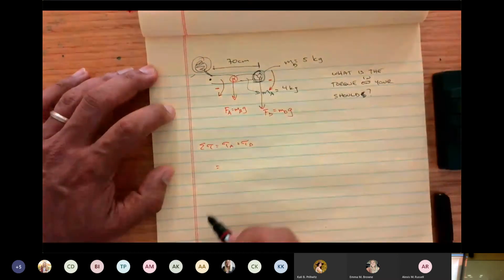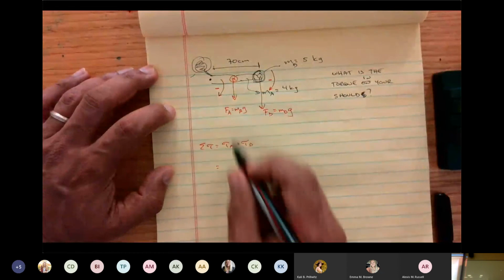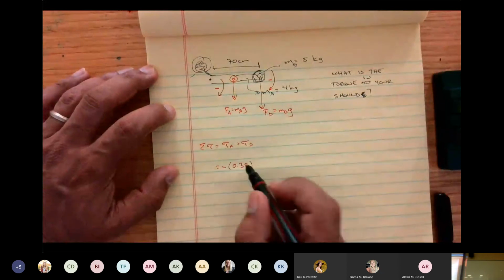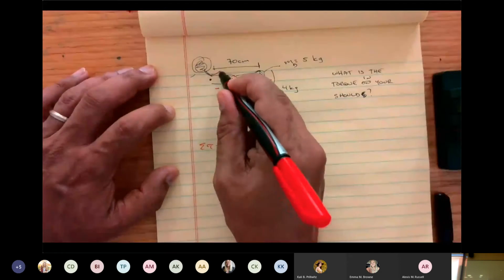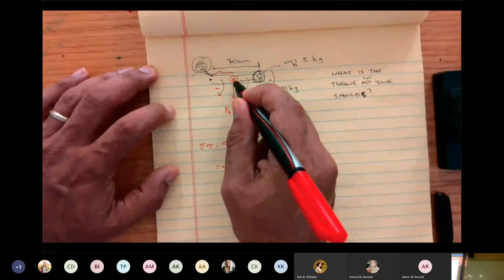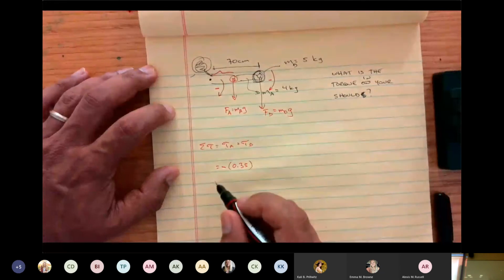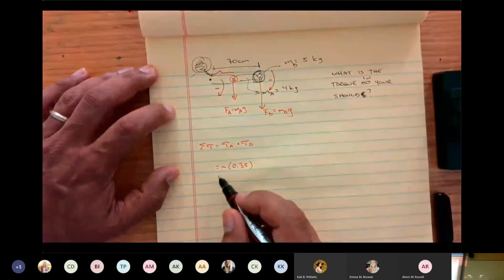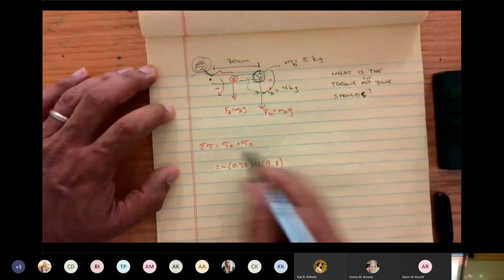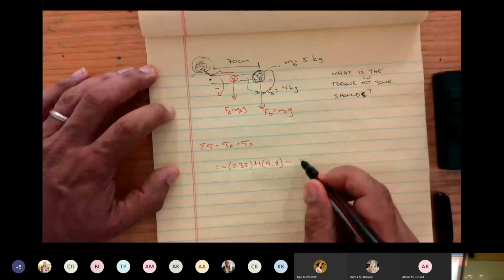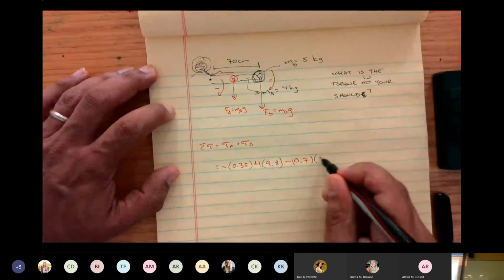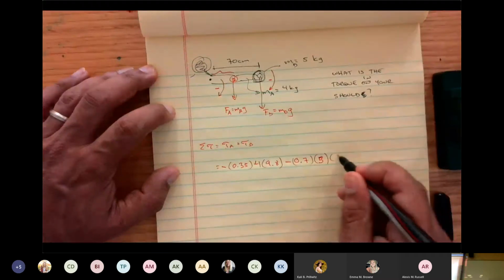So for the arm, we're going to have negative 0.35 meters, that's this distance from the shoulder to the center of gravity, times the mass, which is 4, times 9.8. And from the dumbbell, we're going to have 0.7 times 5 times 9.8.